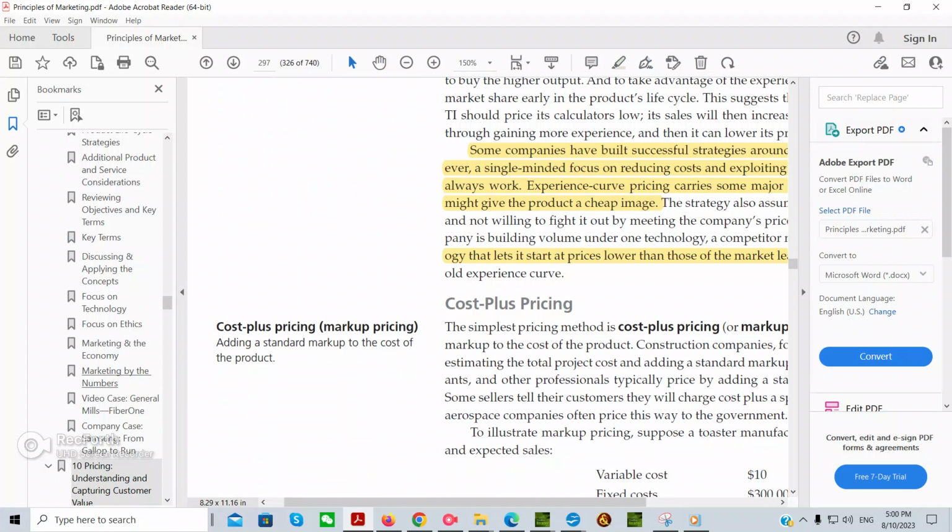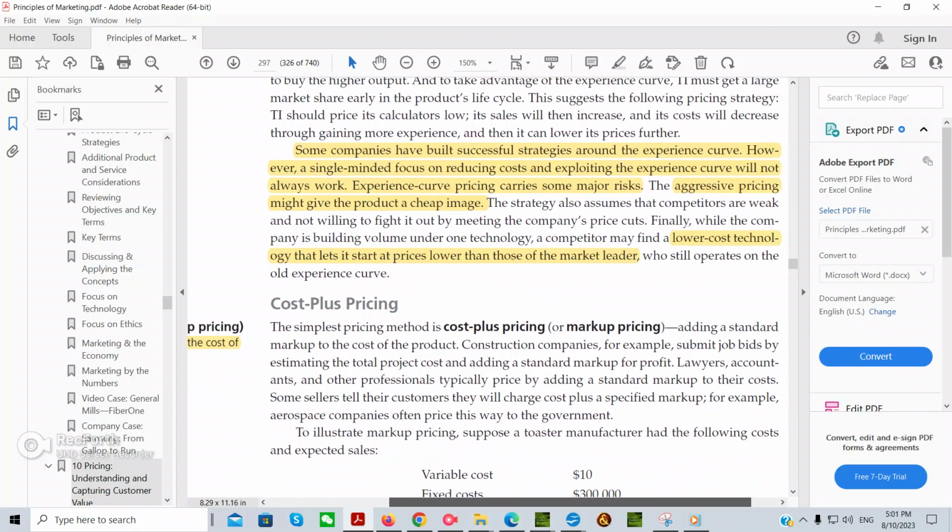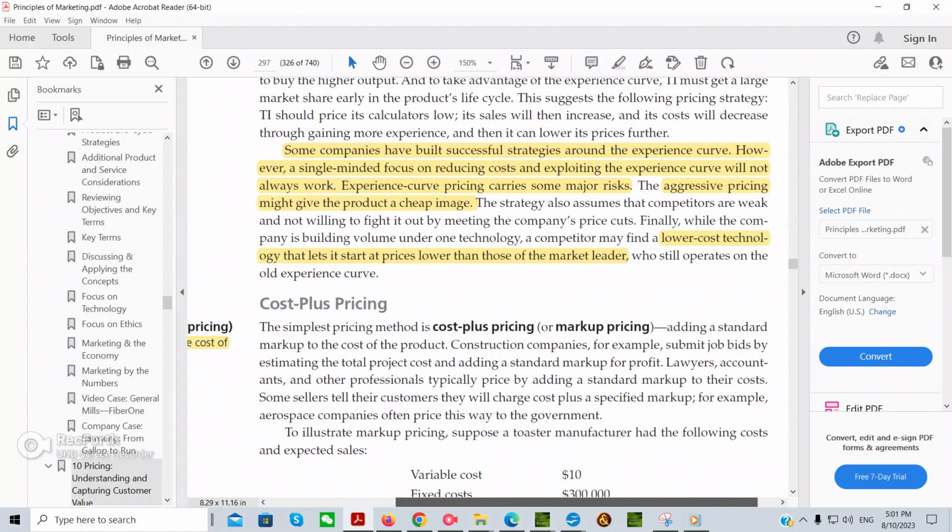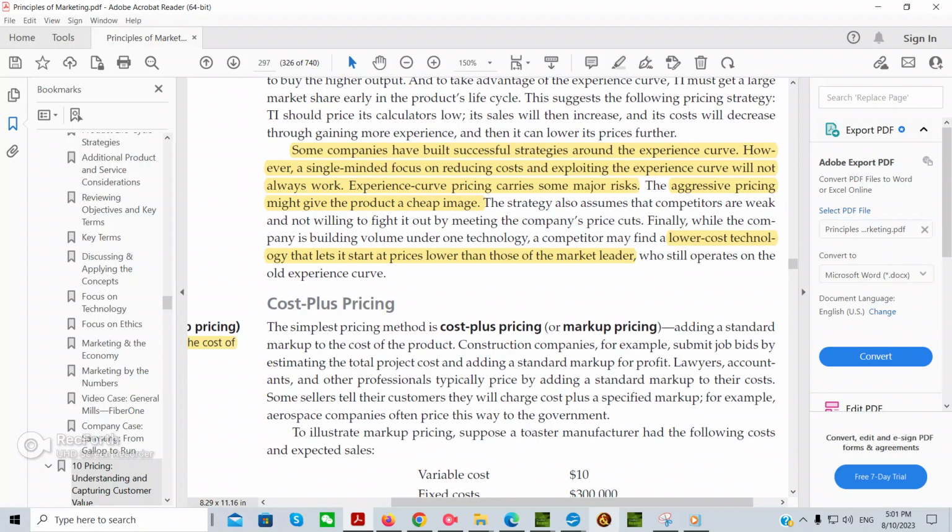That's what it is. Now, let's talk about cost plus pricing. That is markup pricing, otherwise known as a markup. That's adding a standard markup to the cost of the product. And that will determine the markup, which is the profit margin on the product, based on what the company feels is appropriate for what they're trying to gain as a goal.